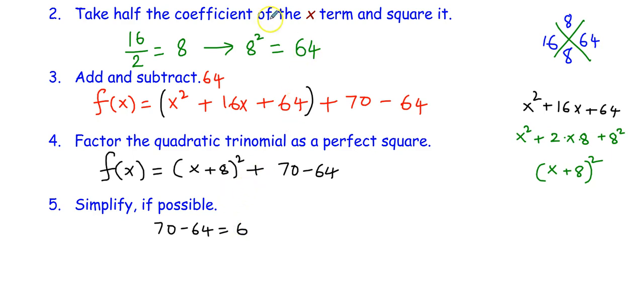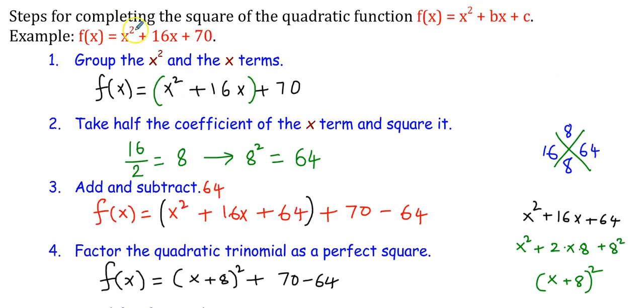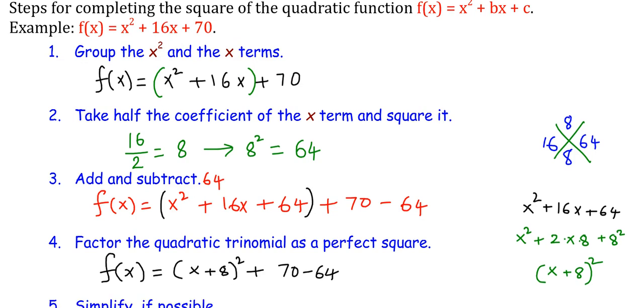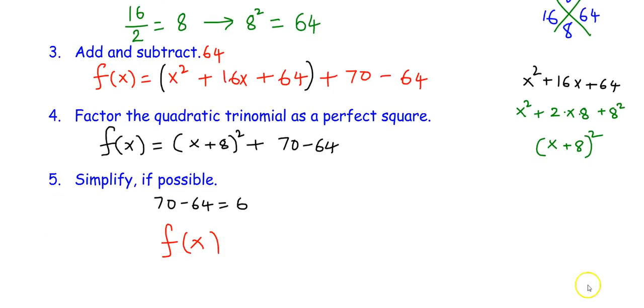Hence, the given function f of x equal to x square plus 16x plus 70 changes to x plus 8 whole square, and 70 minus 64 is 6.